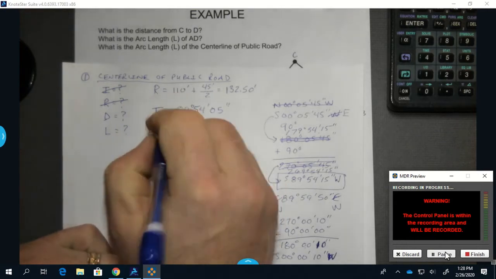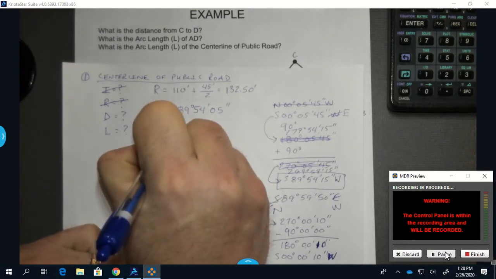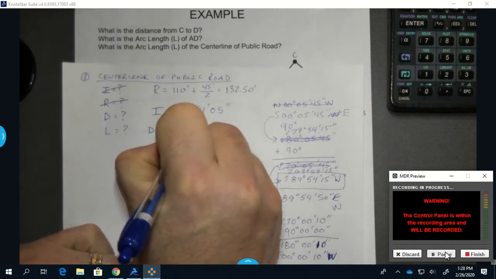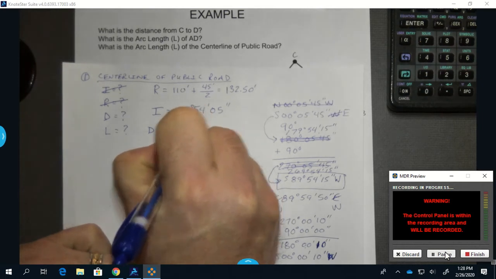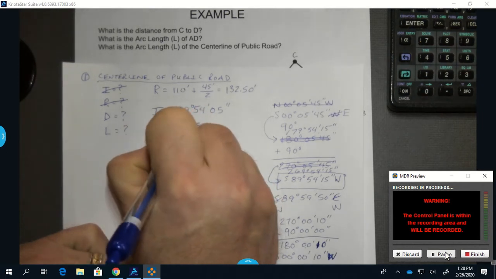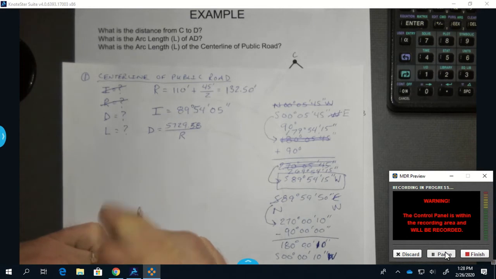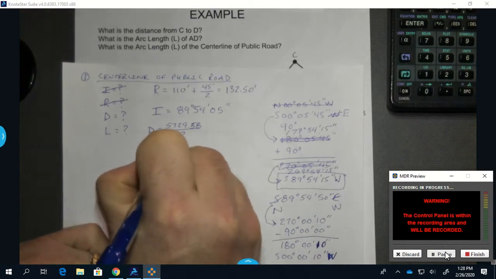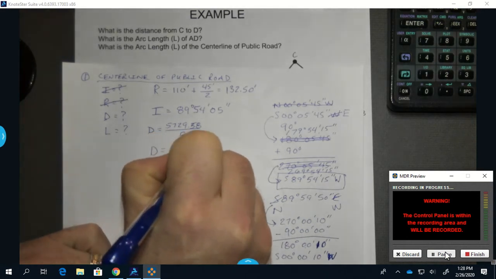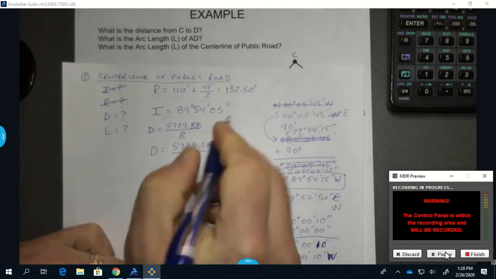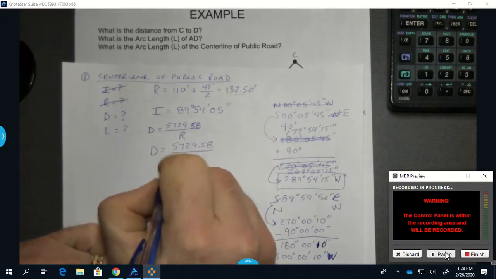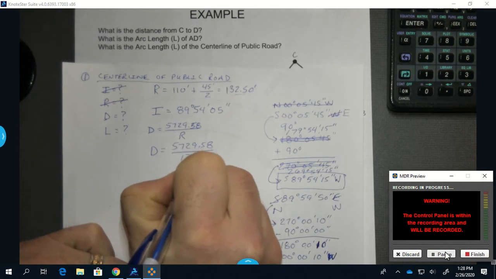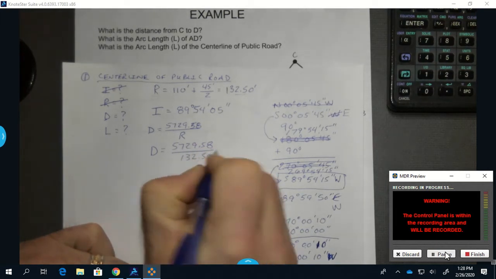So D is equal to 5729.58 divided by R. So D equals 5729.58 divided by R, 132.50.